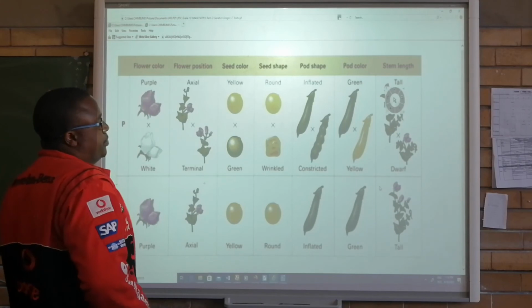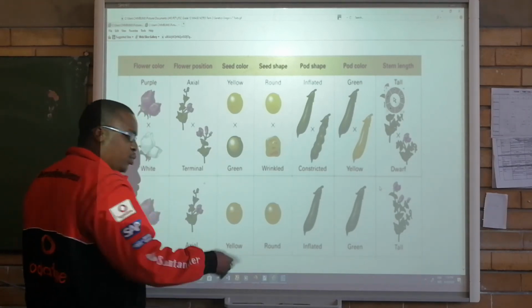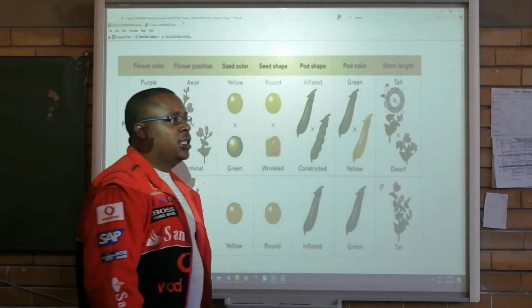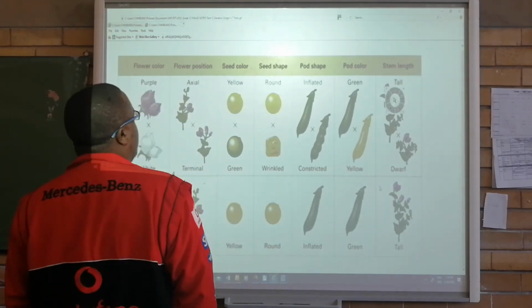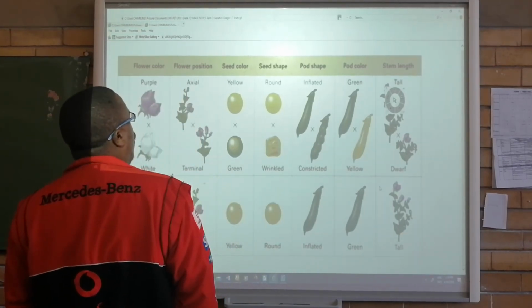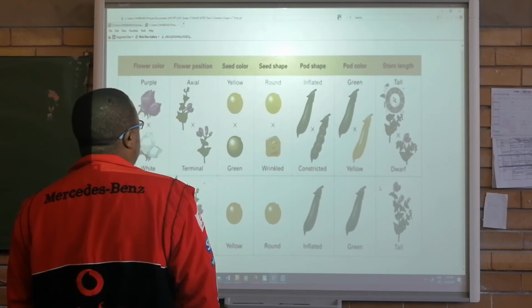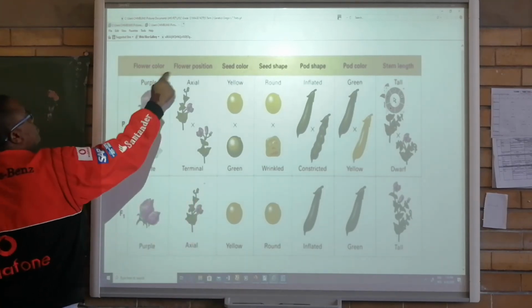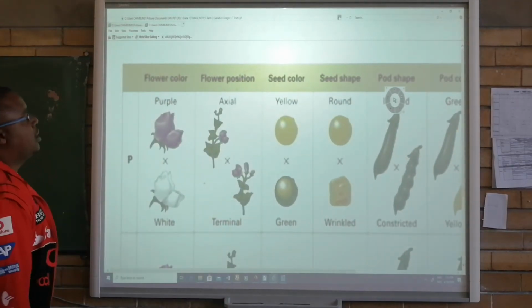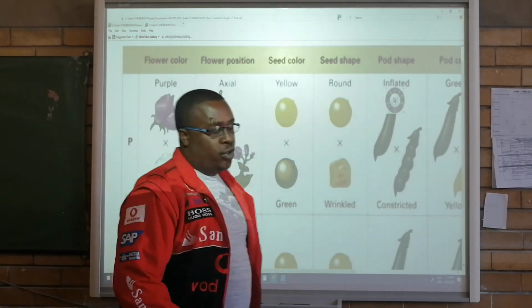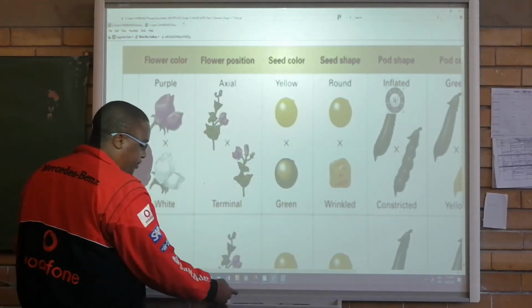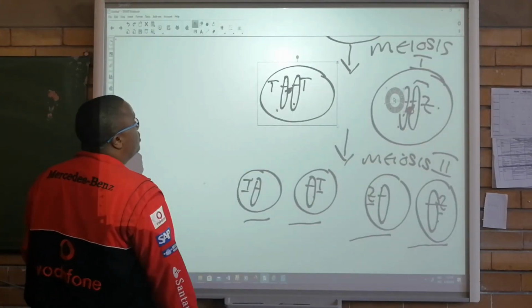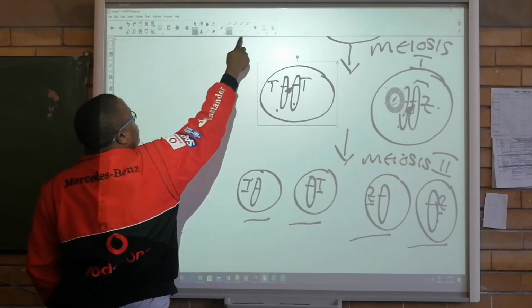Go and draw a diagram showing the application of Mendel's law of segregation for flower color. If you have any problems, you know where to find me.